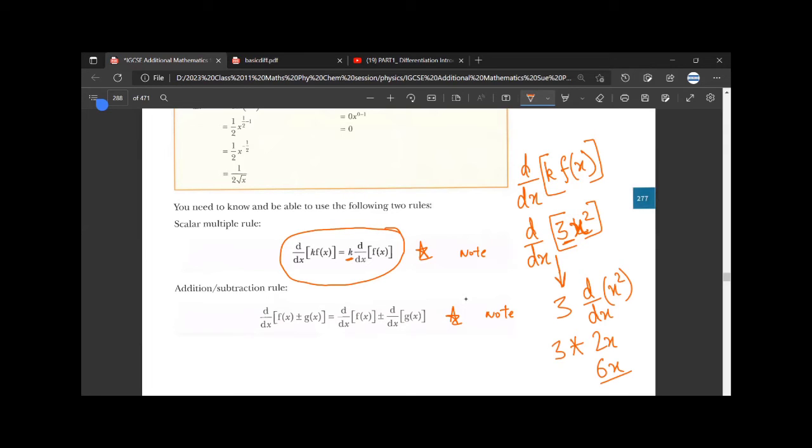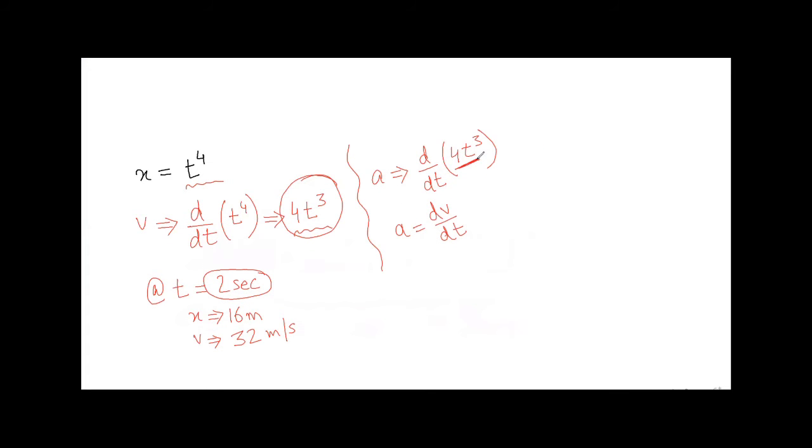So, Avantika, let us see our problem. We are not aware how to handle this 4t cube. So we went to our tables, where they have told us that to find the differential of a function like k into f(x), you can take the constant out and just find the differential of your f(x). Are we clear?